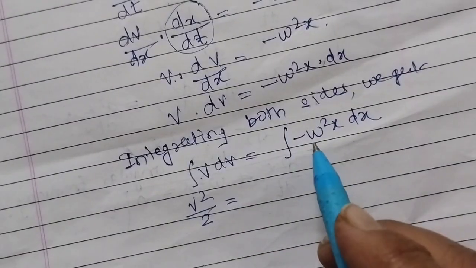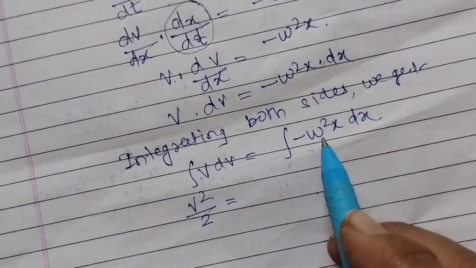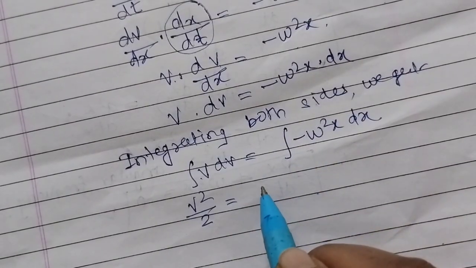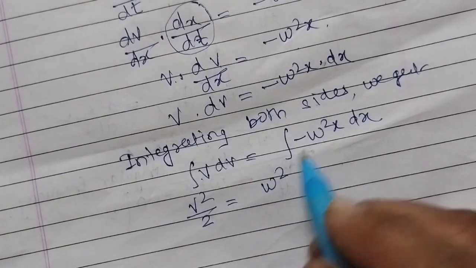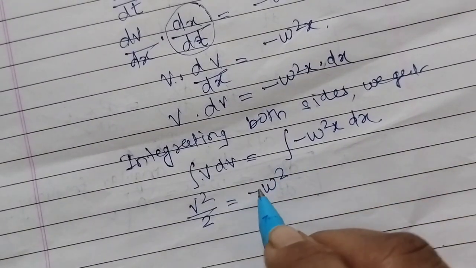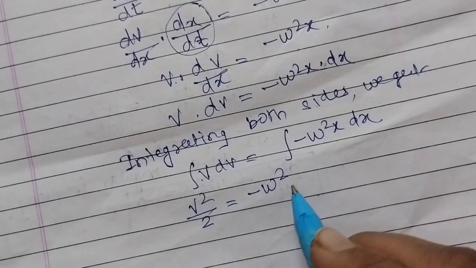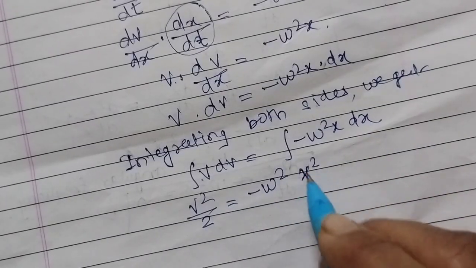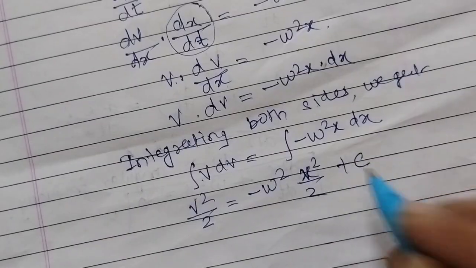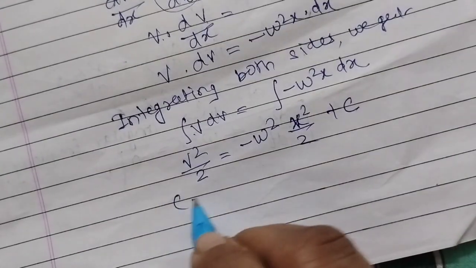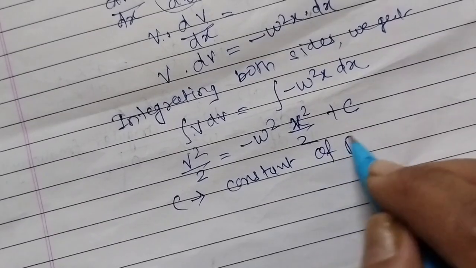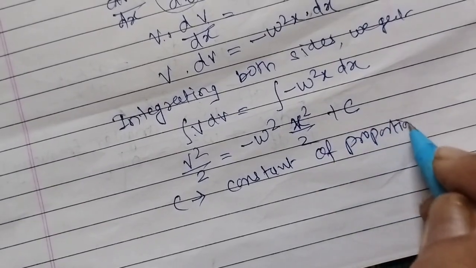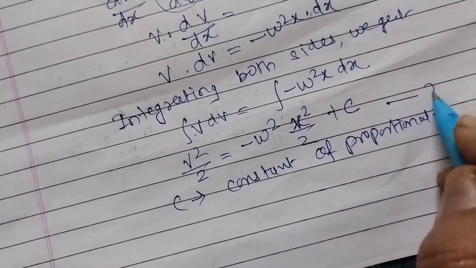That will be equals to, since in integration whatever the common thing is taken outside the integration, I take minus omega square outside. So integration of x dx will be x square by 2 plus c, where c is the constant of proportionality. So this will be the equation number 2.